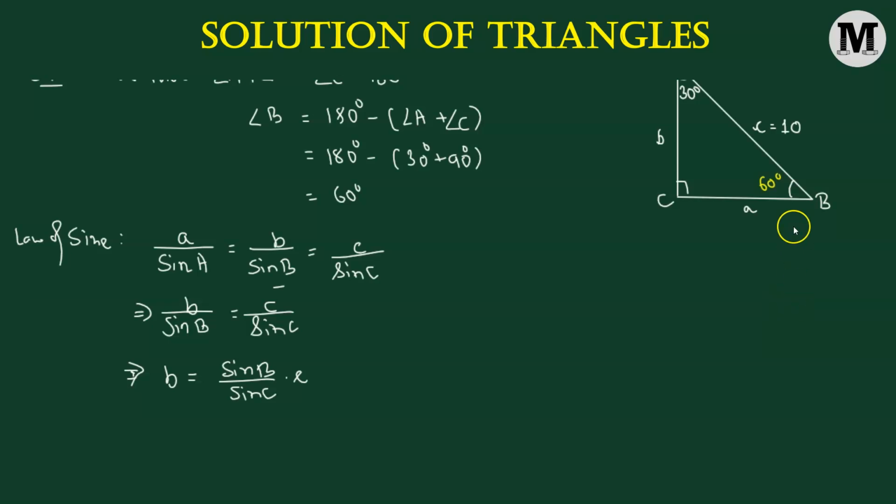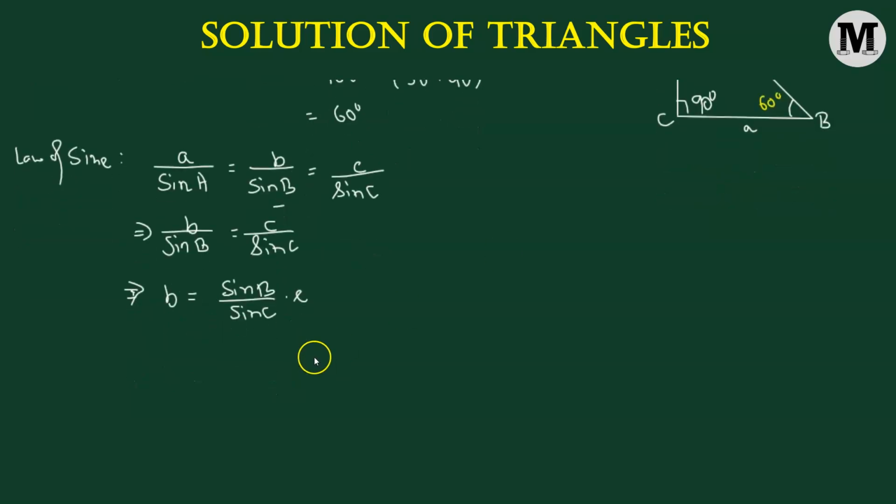Now we have the value for angle B, we obtained it as 60 degrees, and angle C is 90 degrees. So we are going to get sine 60 degrees divided by sine 90 degrees multiplied by c.